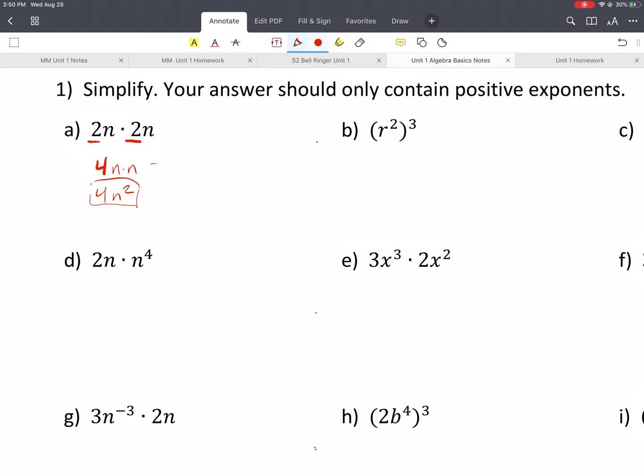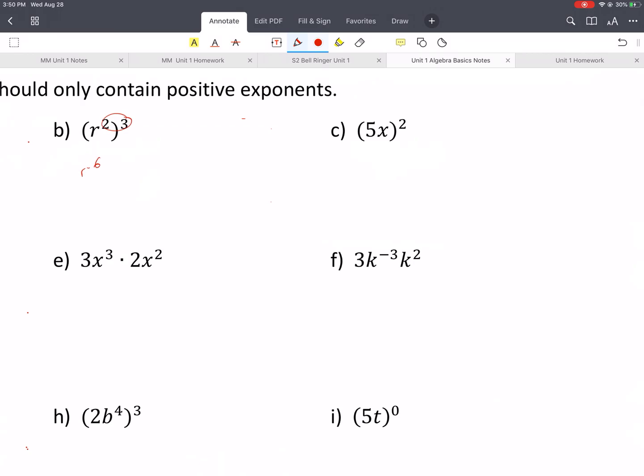Next one, we have a power inside of a power, so we multiply, and we get r to the 6th. Okay, this one, remember, everything is to the fourth, or to the squared. So this would be the same as 5 squared x squared, or 25x squared.